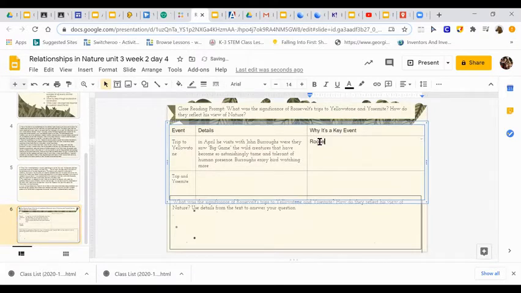Well, Roosevelt's visit to Yellowstone, excuse me, to Yellowstone with John Burroughs.